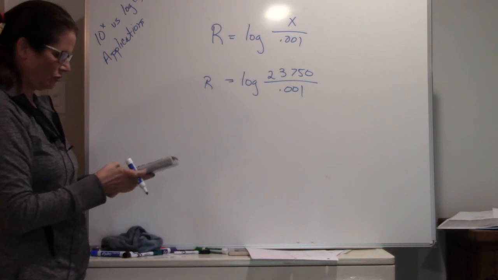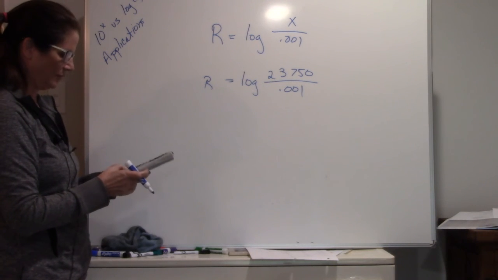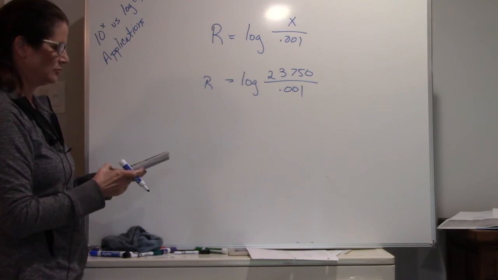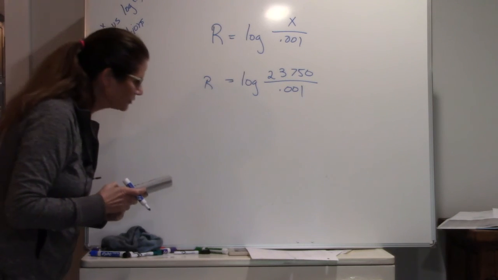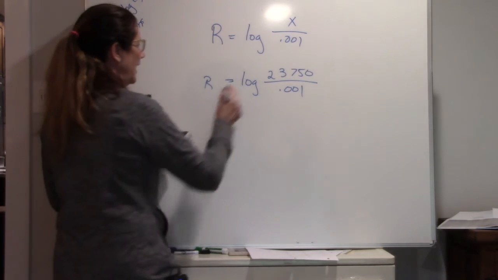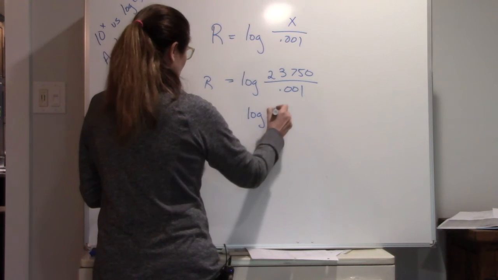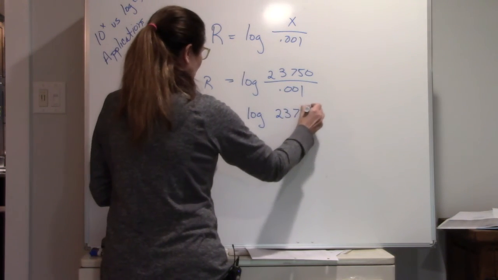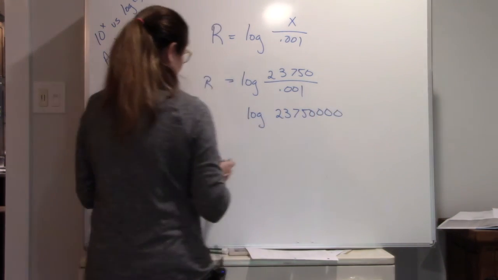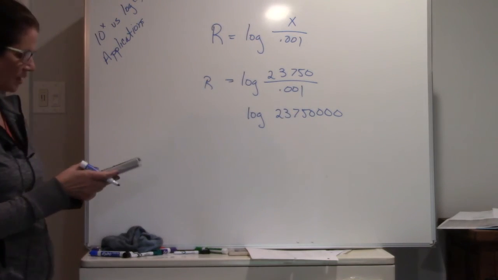So what you want to do is go 23,750 divided by 0.001. Have all the zeros, yes. And that answer is log of 23,750,000. You can do this a couple different ways.